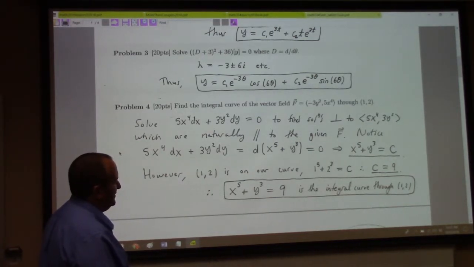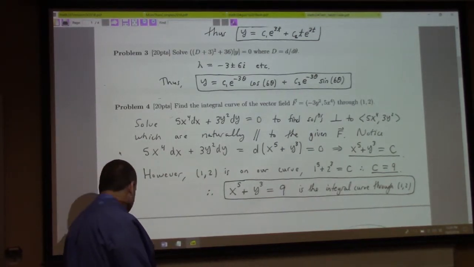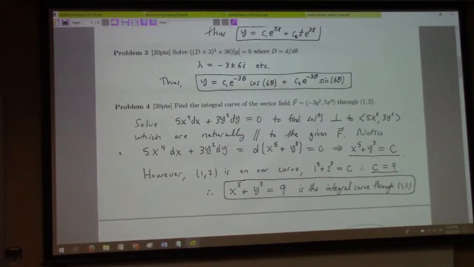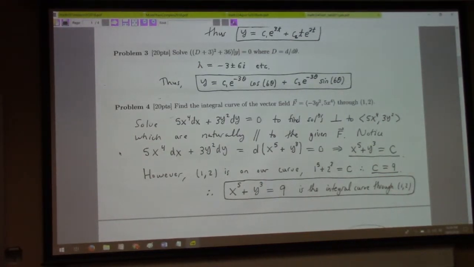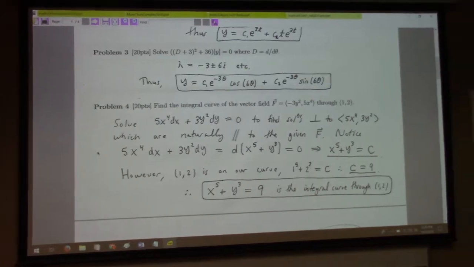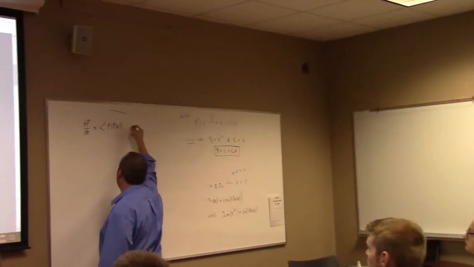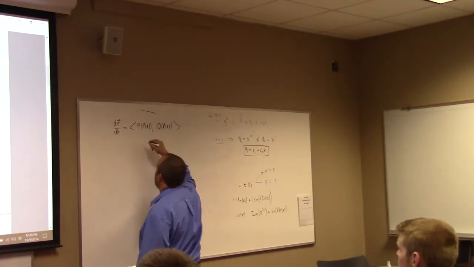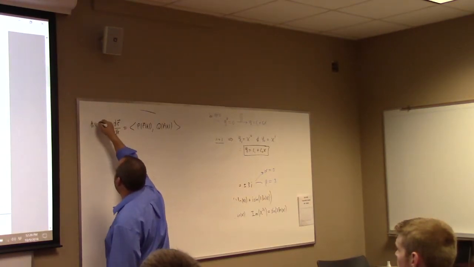This year, the way that I have packaged this thinking is we're trying to find dr/dt equal to p of r of t, q of r of t. So really, this is dx/dt, dy/dt, yeah?